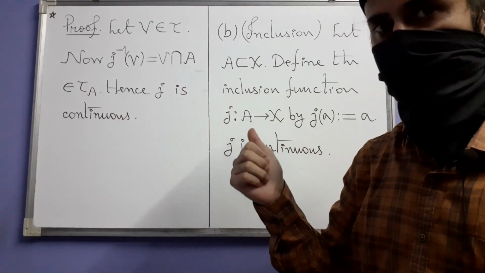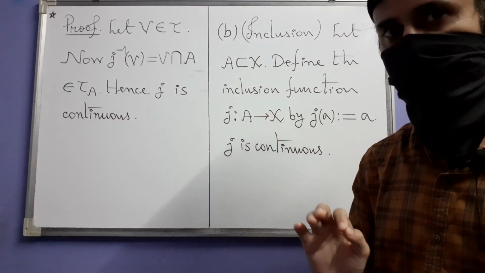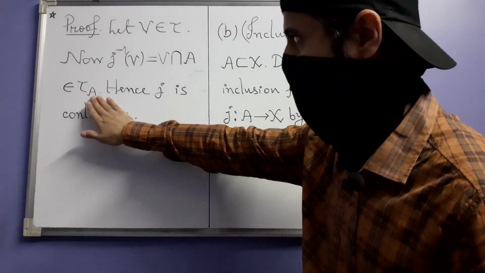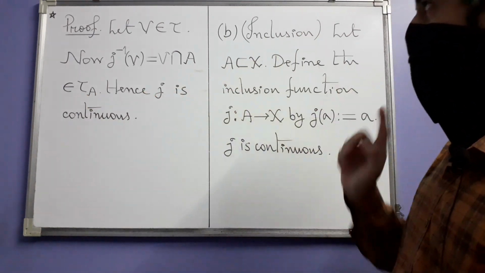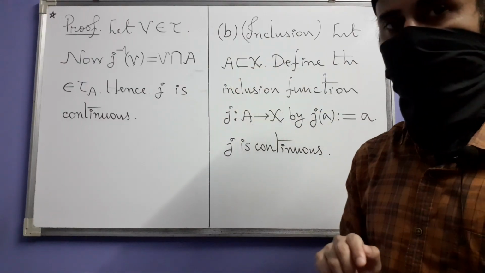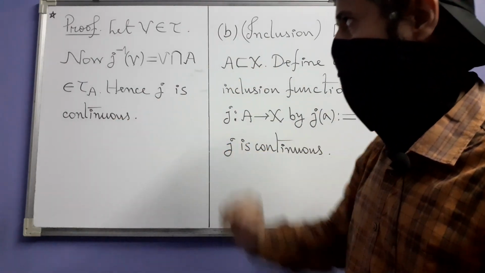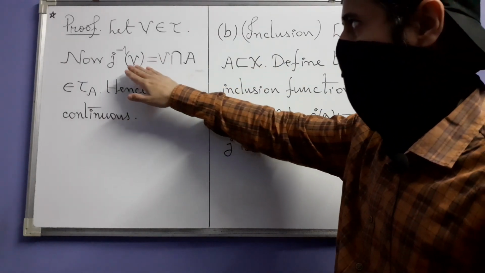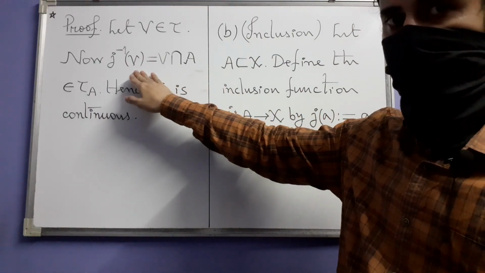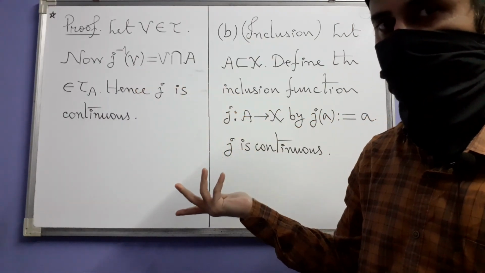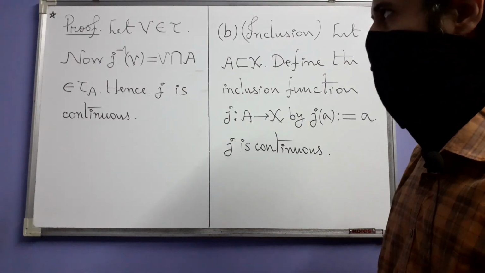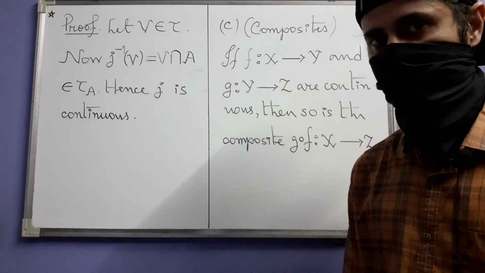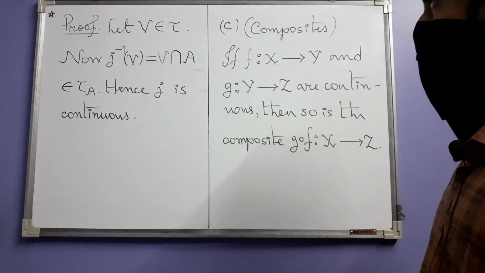If you go back and see the part where we discussed subspace topology, this is the notation for the subspace topology that A inherits from the topology τ on X. So that is why j is continuous. And regarding these set theoretic identities, I leave the verification of these things to you because they are quite straightforward things.